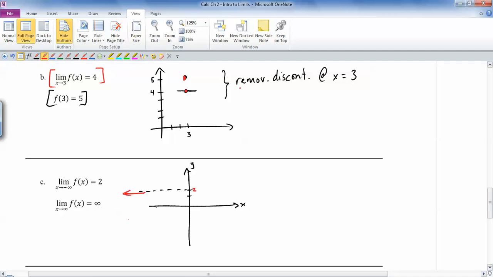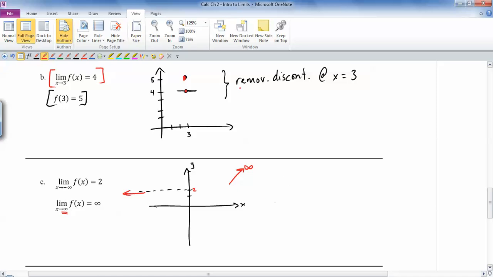So way out here, it looks something like that. I don't know if it's coming from above or below, but we do know way out at negative infinity, we get close to 2. The other thing is, as we get bigger and bigger and bigger, so going to infinity, the y values go to infinity. So that's going to do something like this way out at the end. Right? And I don't know if it's going to do something like that or something like this or what, but we do know it goes way up to infinity way out here.